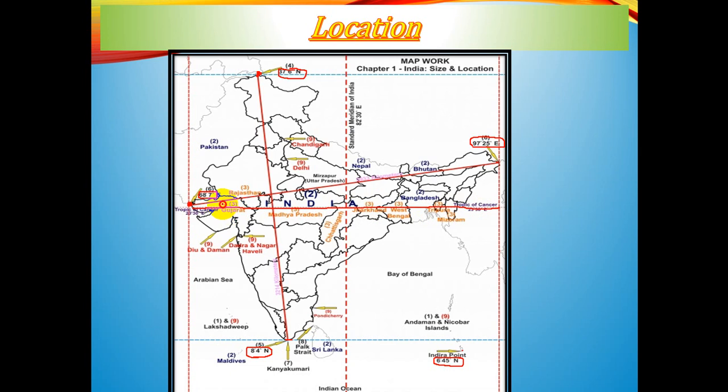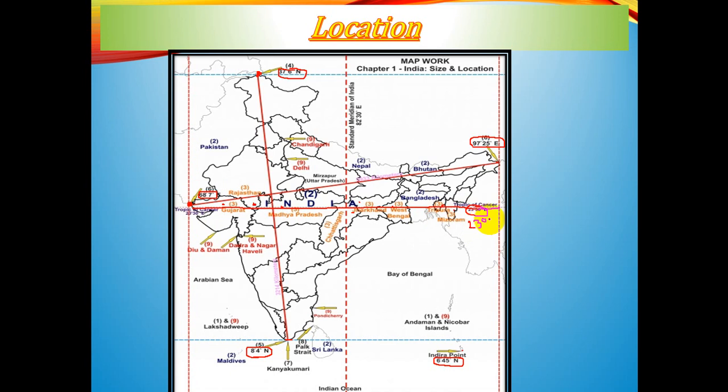Gujarat, tip of Rajasthan, Madhya Pradesh, Chhattisgarh, Jharkhand, West Bengal, Tripura and Mizoram. So these are the states. You have to keep all these things in your mind. And what is the degree of the Tropic of Cancer? That is 23.5 degrees or 23 degrees 30 minutes. What will be the alphabet we are going to use here? That will be N, which indicates latitude.